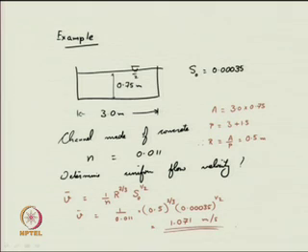Right? This is how you use your Manning's formula to compute velocity. If you want to compute discharge, then just multiply this velocity term with your area of the cross section, you will get the discharge quantity.